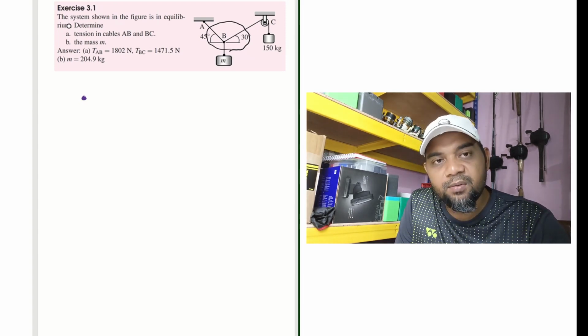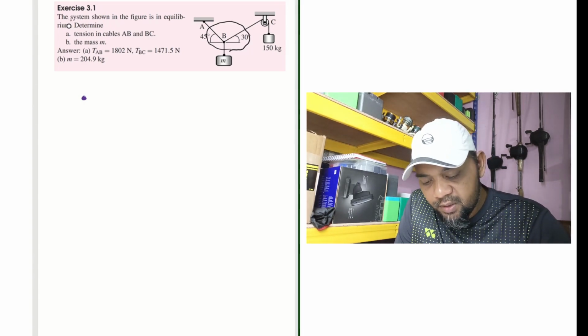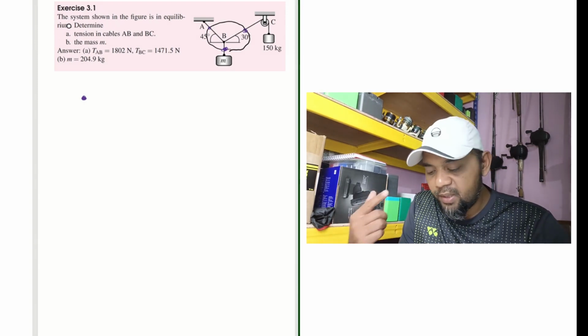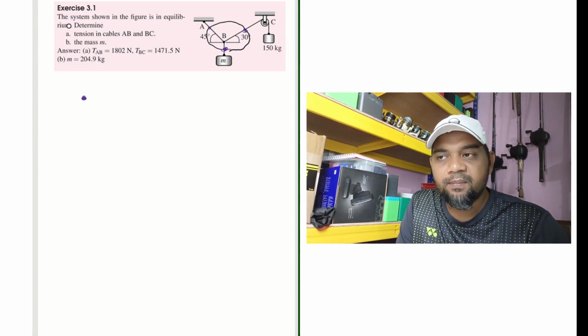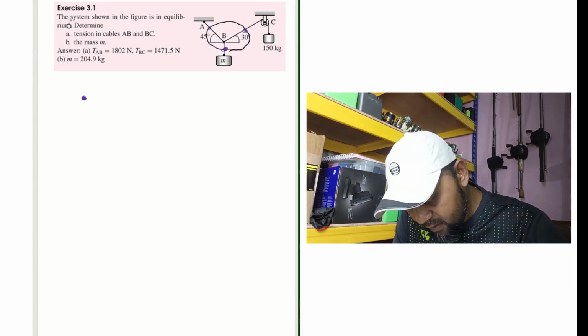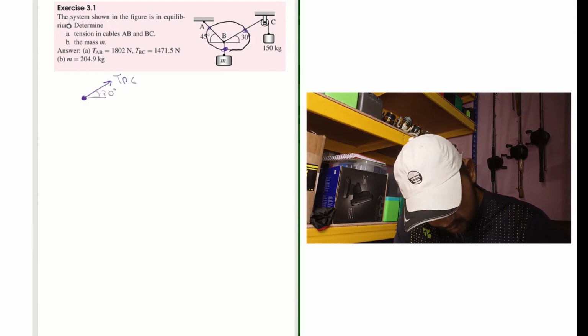The second step is to add the cables. Now we have three cables, which are BC, AB, and the one that holds the mass M. You need to remember that all the cables must always act outward from the component; it is always in tension. So the first one is going this way, name it TBC, with the angle given as 30 degrees.